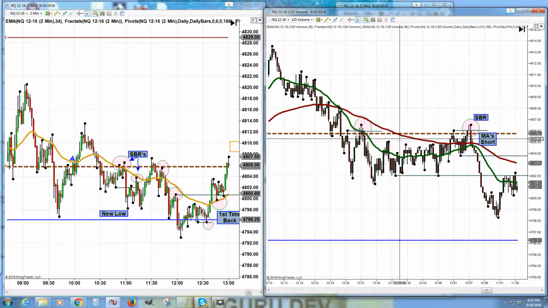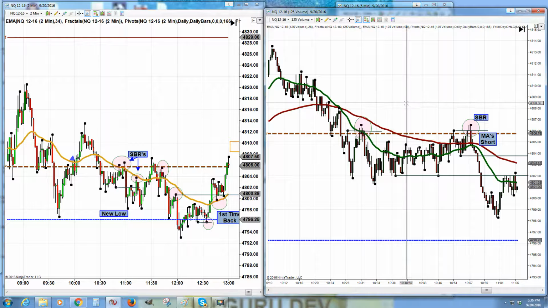And while those videos gave you an idea of how we put it all together, the theory and the logic behind it, today I'm going to try to get right down to brass tacks: exactly where I put my orders and how to execute them, and how well defined they are.